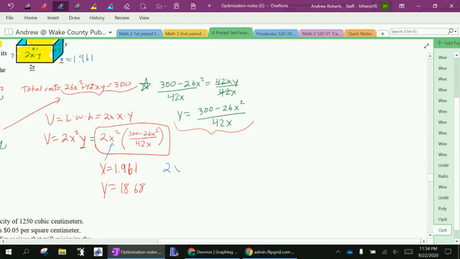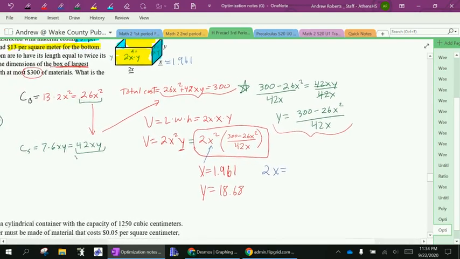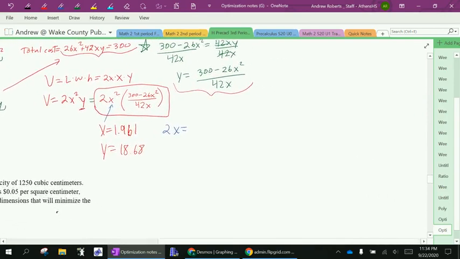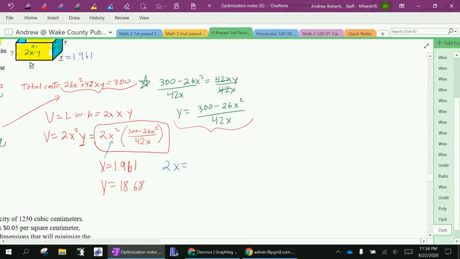So 2x, because the question is, what is the volume? Well, I could go ahead and find 2x. I could just double x. That wouldn't be too hard. But the output of this graph is my volume. So I don't actually have to know those dimensions. All I have to know is the volume, which I have right there, 18.68.